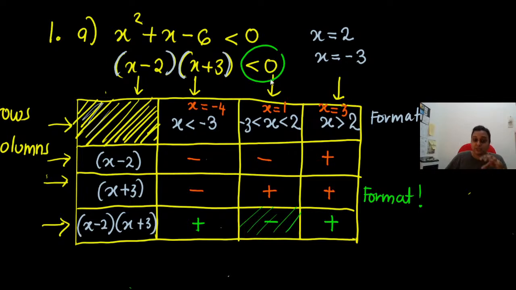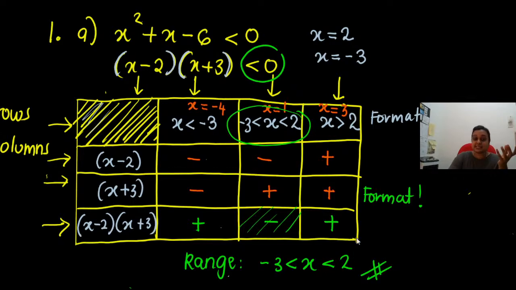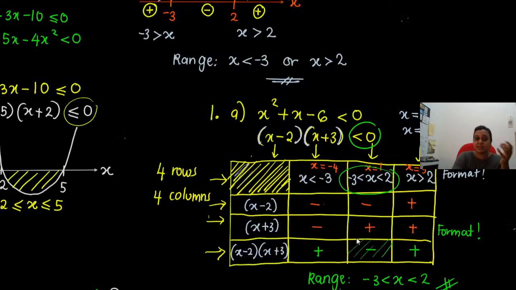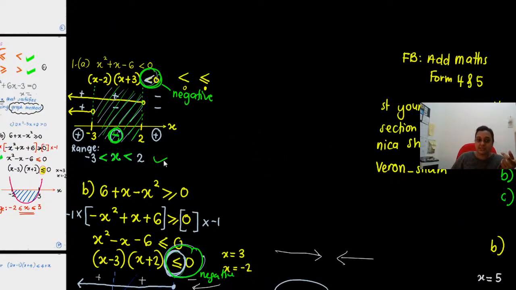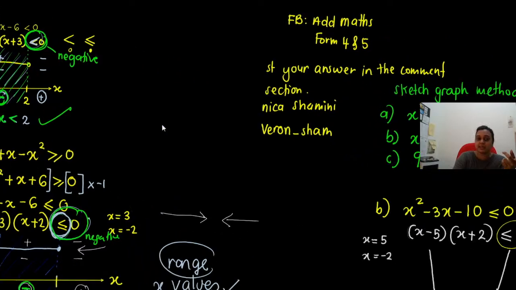Since this is smaller than 0, negative, I'm choosing the middle. So straight away, you copy the range: negative 3, smaller than x, smaller than 2. Is the answer the same as just now, the one we did for question A? Same, right? This is the answer.